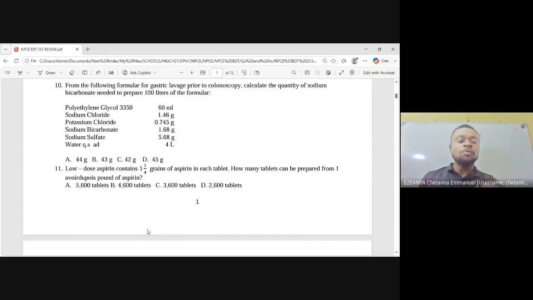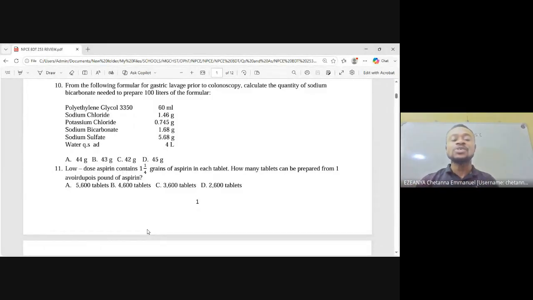This question is from reduction and enlargement of formulas, a topic in pharmaceutical calculation. The volume of what you want to produce in the formula is 4 liters. But they are asking us the quantity of sodium bicarbonate needed to produce 100 liters.